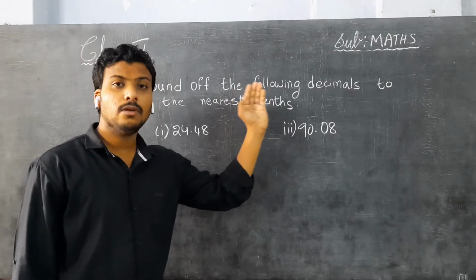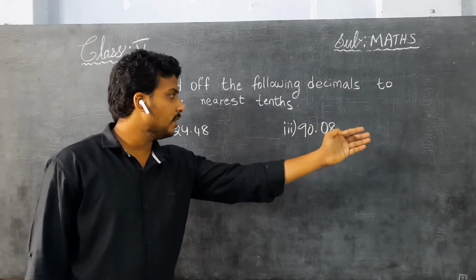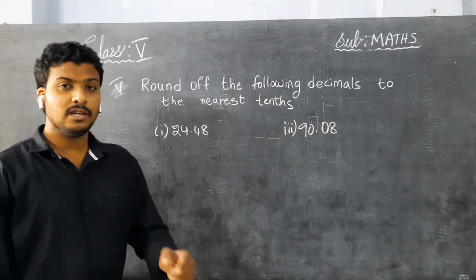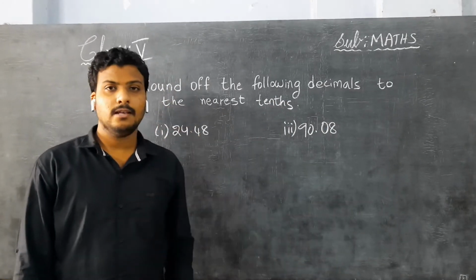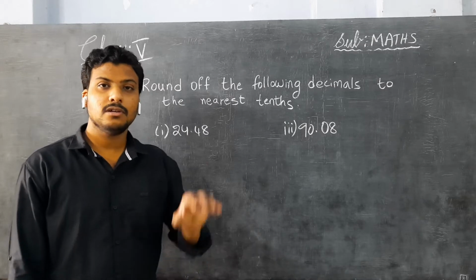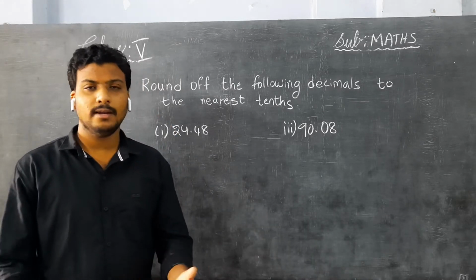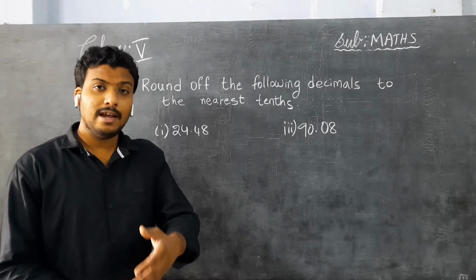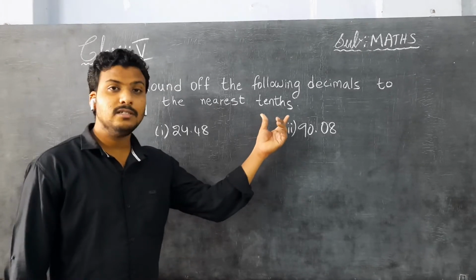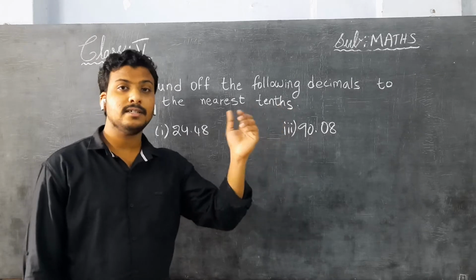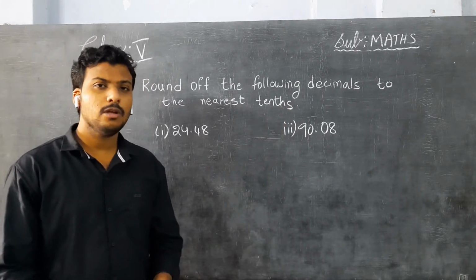Children, in the previous class we discussed rounding off decimals to the nearest ones. You understand? Right now we are rounding the decimal values to the nearest tens. How? We will see right now.